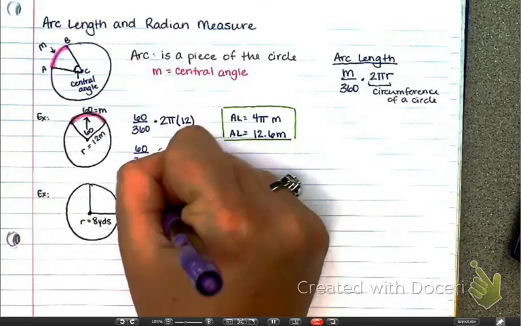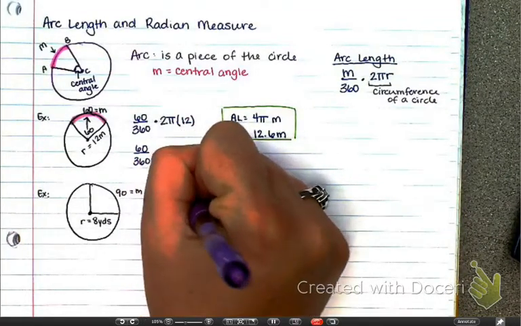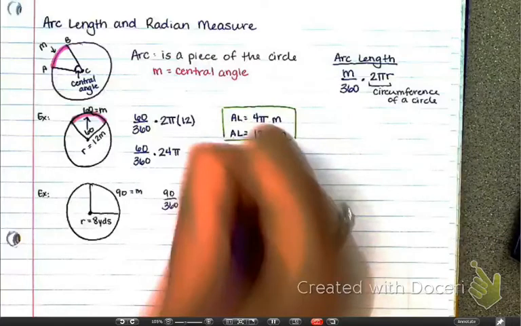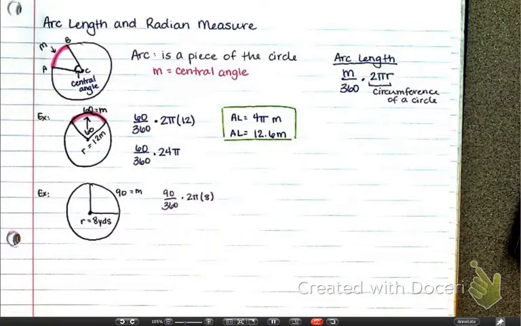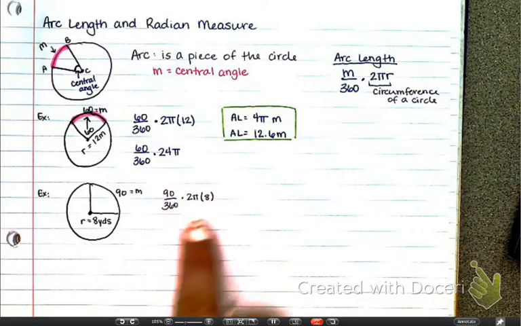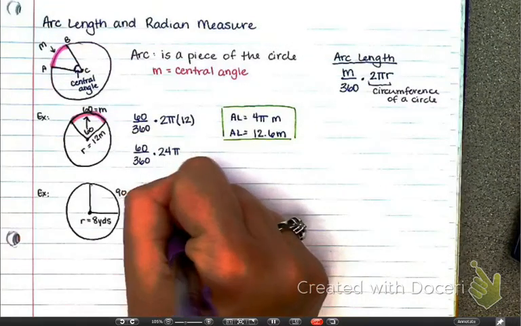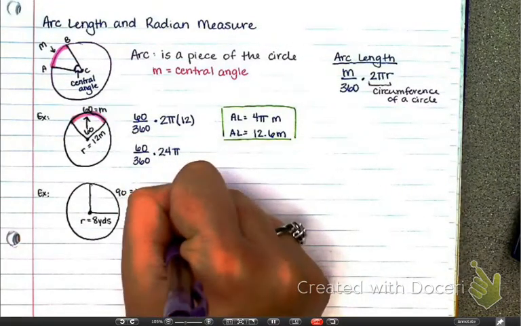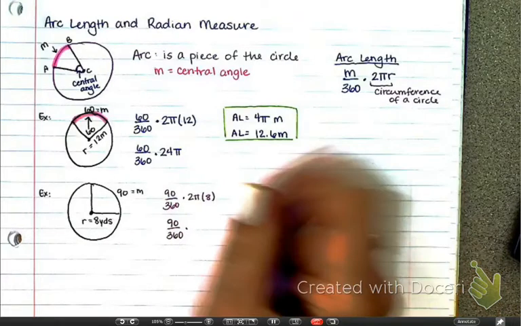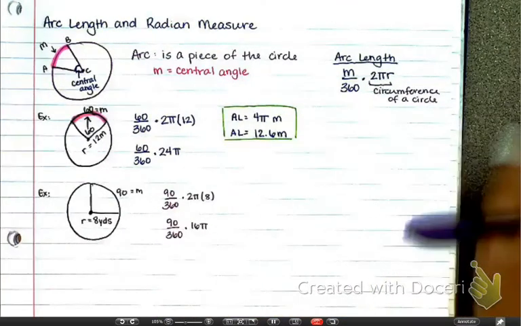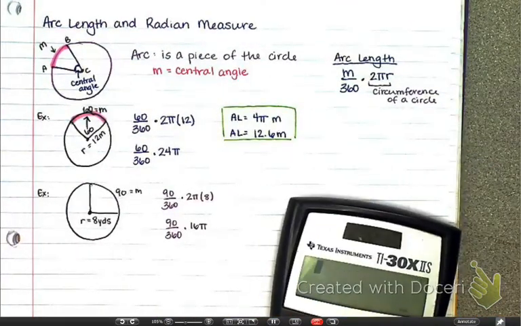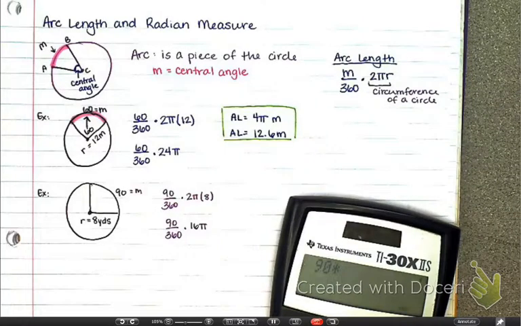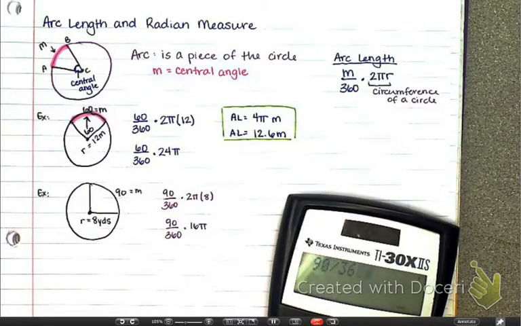90 over 360 times 2 times pi times 8. If I simplify this, I have 90 over 360 times 16 pi. So in your calculator, 90 divided by 360 times 16 should have given you 4.